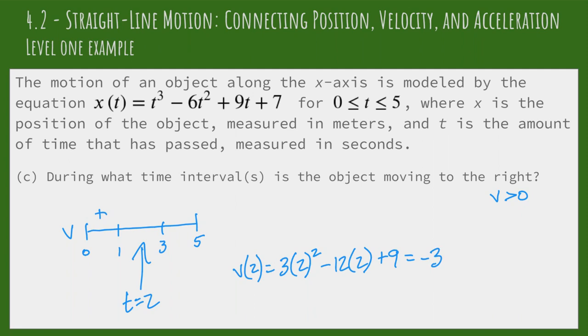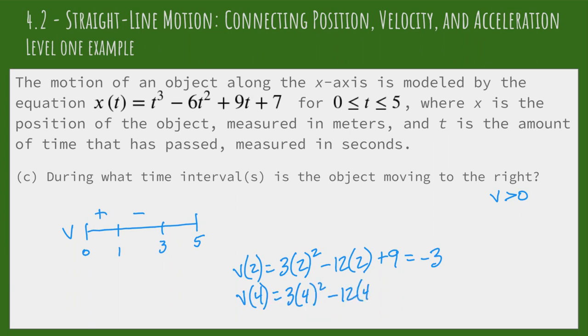So this negative 3 tells me that at t equals 2 here, the object is moving to the left. All right, and since it's moving to the left there, and the only times it's at rest are t equals 1 and t equals 3, it has to be moving to the left during that whole interval. Then between 3 and 5, we can do the same thing. So velocity at 4, let's say, is going to be 3 times 4 squared.